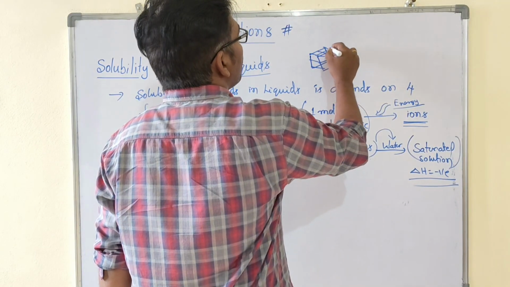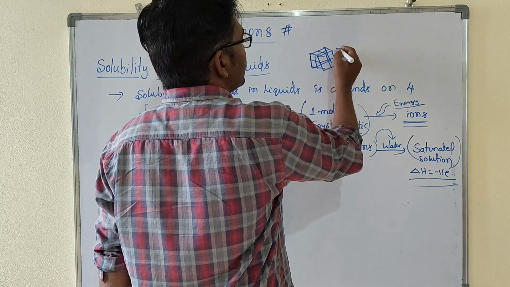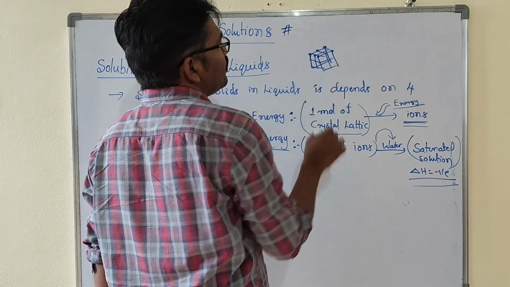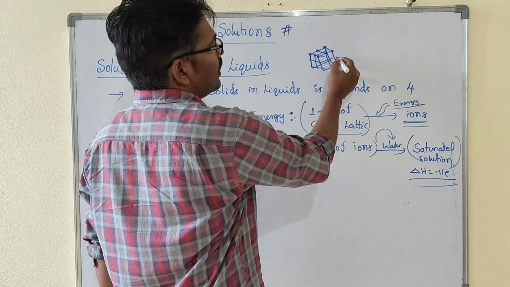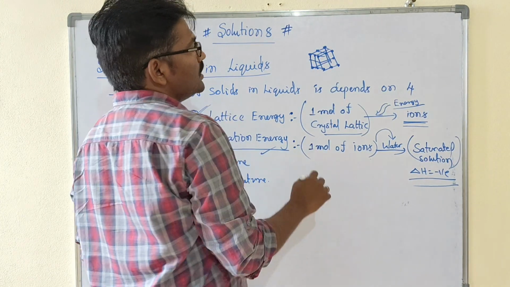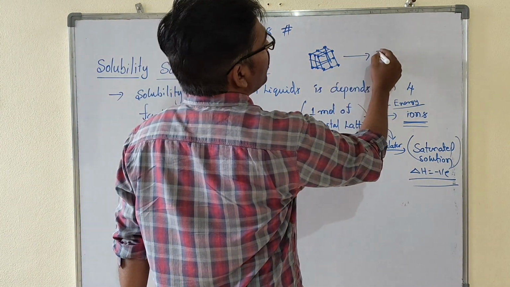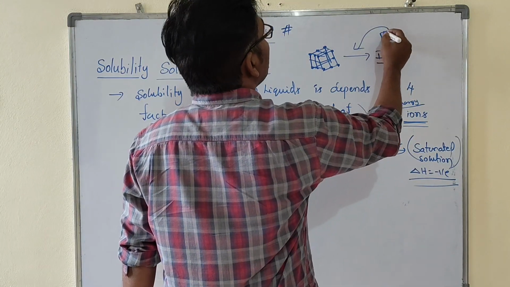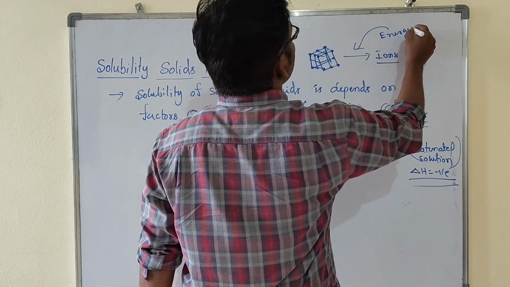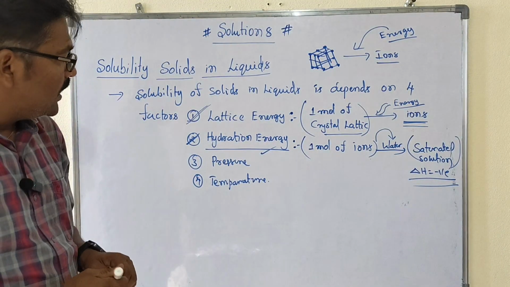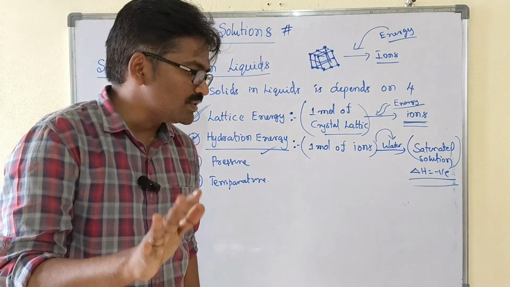In this cubic formation, the crystal lattice has an ion at each lattice point, arranged with ionic bonds. So these can all be converted into ions. The energy required to convert into ions is called the lattice energy. Clear? Okay, now it is understood what the factors are.